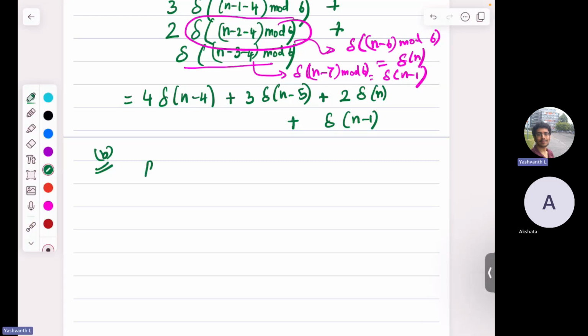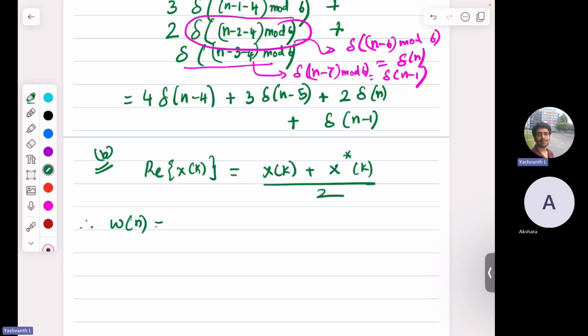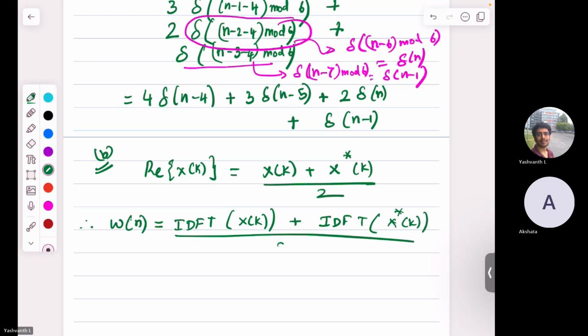So what is the real part of X of k? It's nothing but X of k plus X conjugate of k, divided by 2. Correct? Therefore, your w of n must be the IDFT of X of k by 2 plus the IDFT of X conjugate of k by 2.